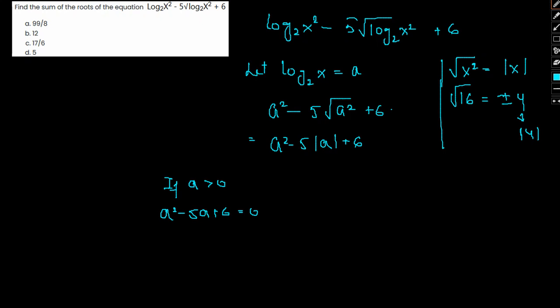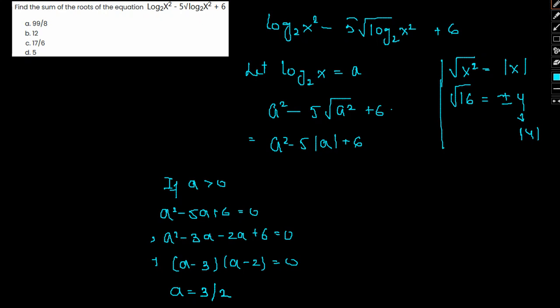I can write this as a square minus 3a minus 2a plus 6 equal to 0, or a minus 3 times a minus 2 equal to 0, or a equal to 3 and 2. So these are the values of a.